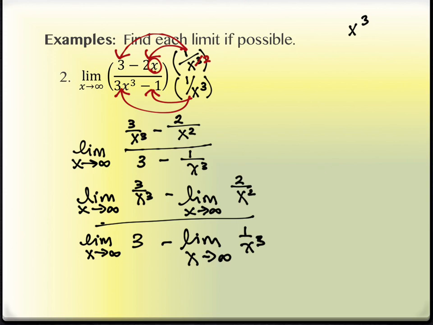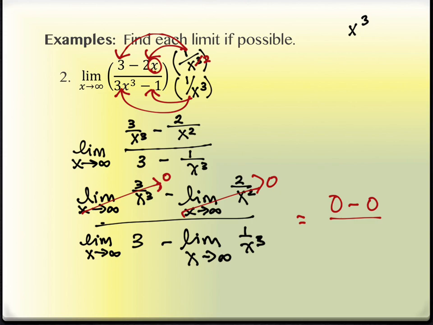But what is the limit as x goes to infinity of 3 over x cubed? It's 0. Right? This whole thing is 0. What is the limit as x goes to infinity of 2 over x squared? It's another 0. Now don't get too carried away and miss all the pieces.